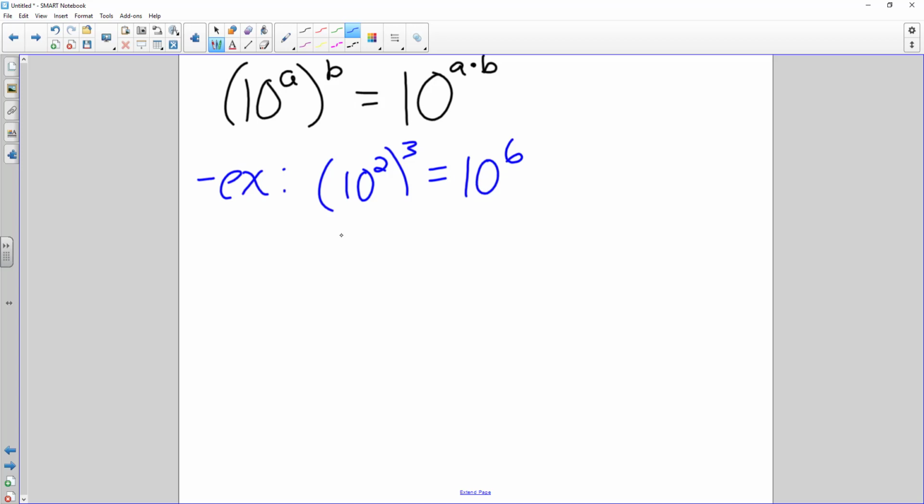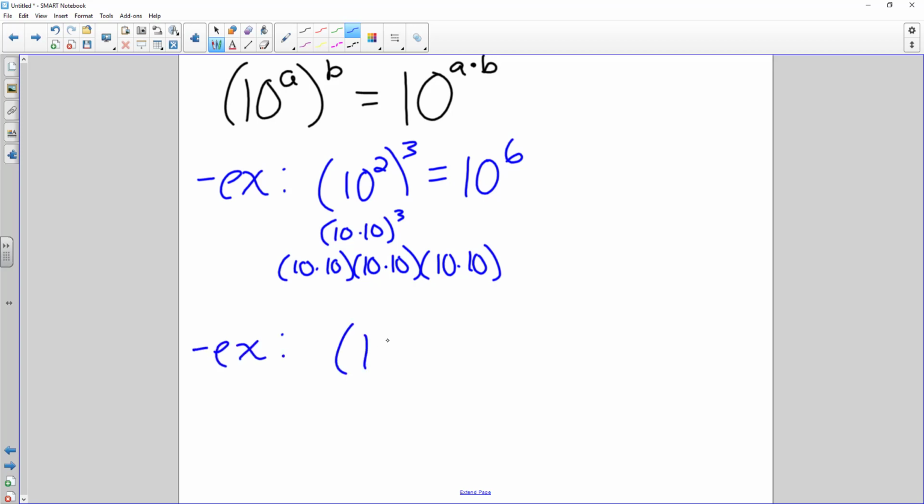Because this means if I have 10 times 10, and that's to the 3rd power, that means I have 10 times 10, 3 times: 10 times 10, 10 times 10, 10 times 10. So it ends up being 6 of them multiplied altogether. Okay, or if I have 10 to the negative 4th to the 5th power, negative 4 times 5, this will be 10 to the negative 20th.